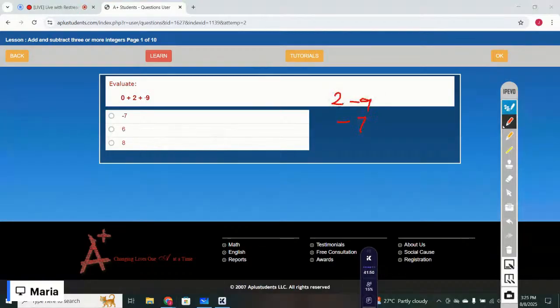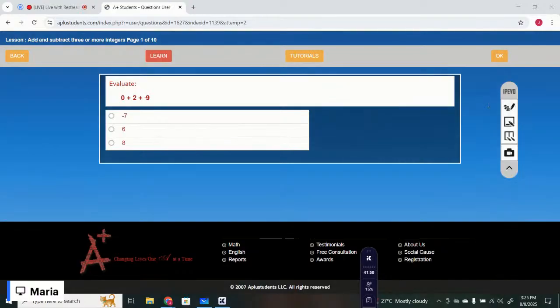That is 2 minus 9 is -7. -7. Option number 1 is the correct option.